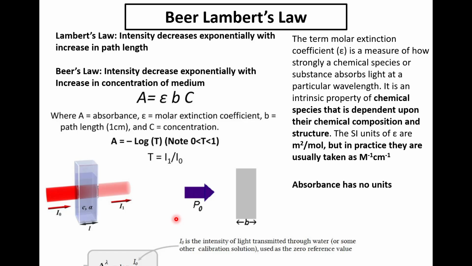So how to minimize it? You will have to do a blank absorption by your solvent itself. If it is water, you take water and calculate the absorption. Then you subtract that from the absorption of your solute plus solvent, and you will get the absorption of your solute. So this is the basic of the Beer-Lambert's law.